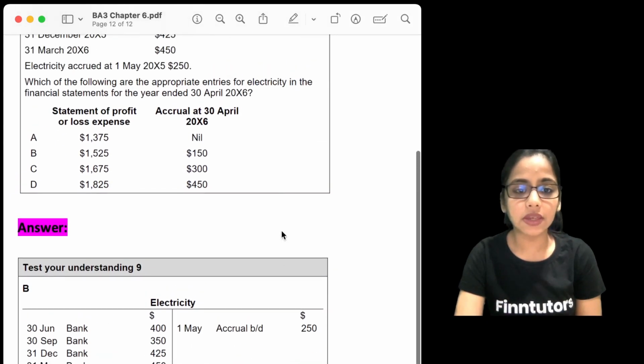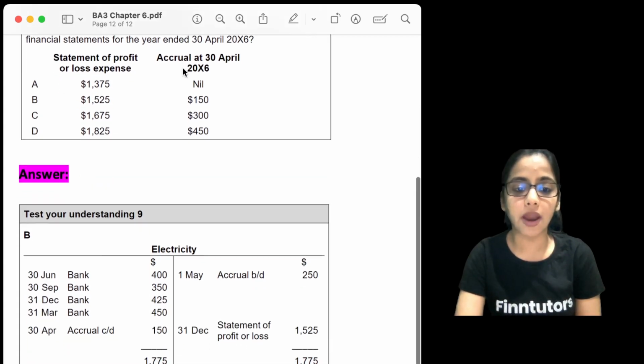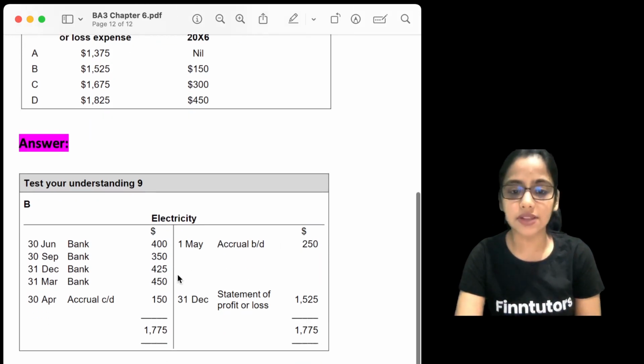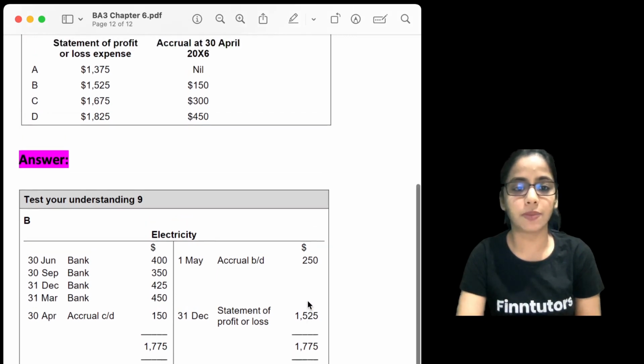And then it says that electricity accrued at May 2015 was $250, but only a part of that will be paid in April, which is about $150. So in May we will add that and then we will bring it down to the next year, and that is how your statement of profit and loss account will be adjusted.